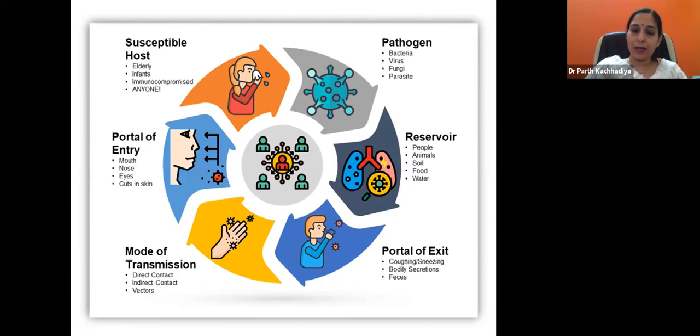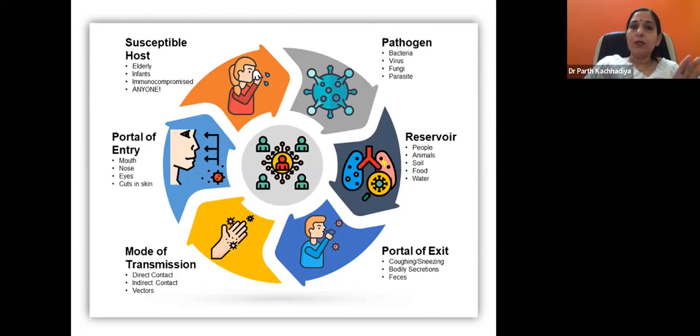Mode of transmission can be direct or indirect contact and vectors. Portal of exit will be coughing, sneezing, bodily secretions, feces. Reservoirs of infection are people, animals, soil, food, and water. The pathogens are bacteria, virus, fungus, and parasites. So all of this is about the infection cycle.